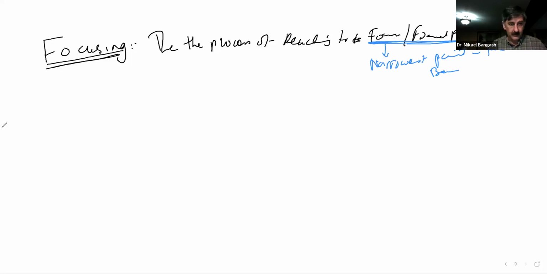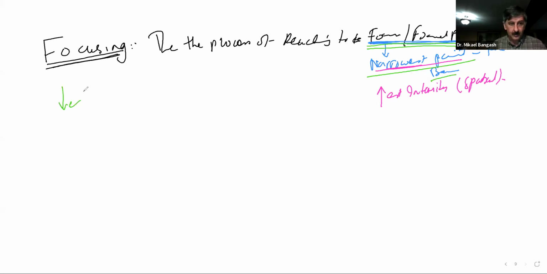And what we said earlier today was, due to this highest intensity, to be more specific, spatial intensity, we can also say that the focus is the narrowest part of the beam.